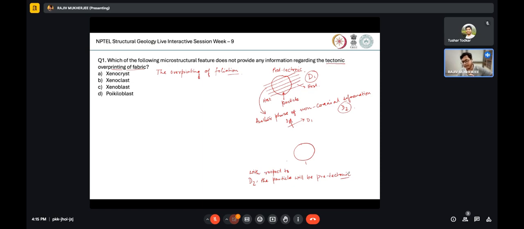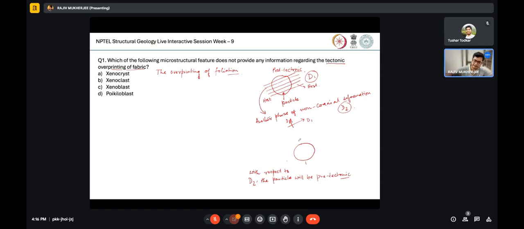I mean, it may have grown after the first phase of deformation. That's why it was post-tectonic or post-kinematic in the case of the first set of deformation. But when you're dealing with D2, that means we are considering the second phase of deformation. With respect to that phase, this particle would behave as a pre-kinematic or pre-tectonic particle.